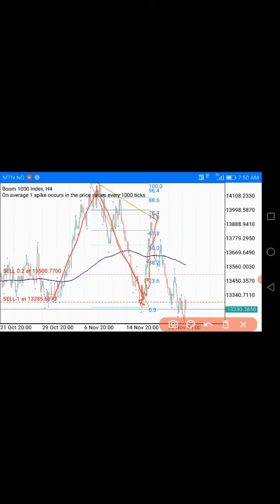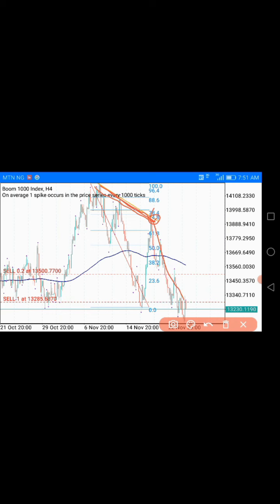That was when I was able to identify that the price is respecting this trend line. So I had to place the trend line and waited until price got here, and then it started moving. We are still on this move as I'm talking to you now.